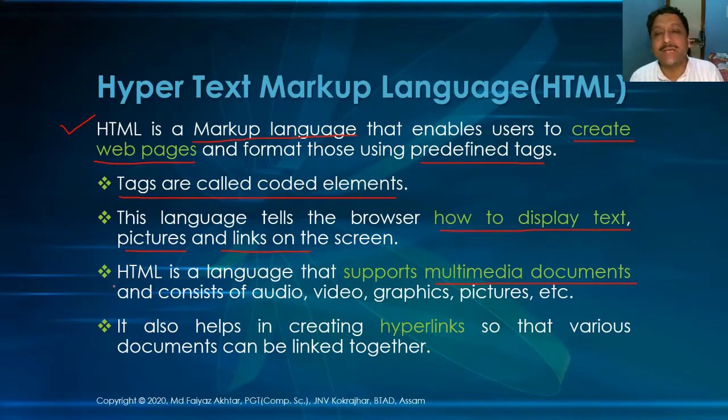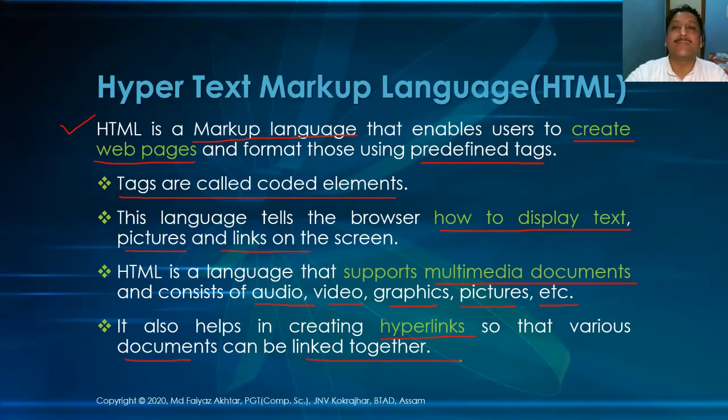So HTML helps us create multimedia documents which can consist of audio, video, graphics, pictures, etc. It also helps in creating hyperlinks so that various documents can be linked together.